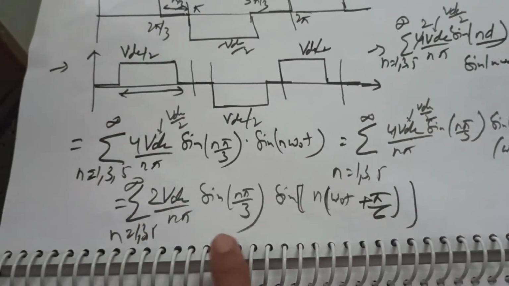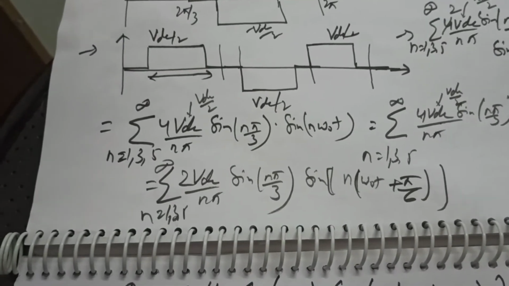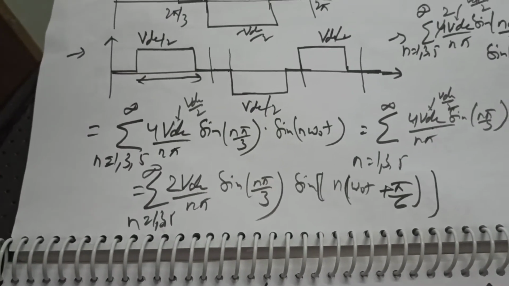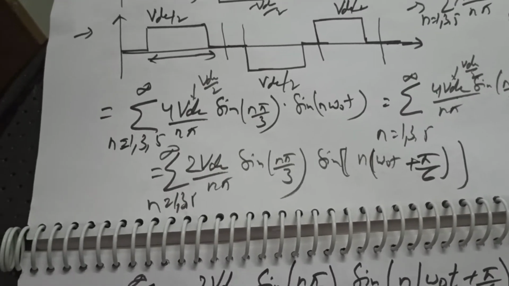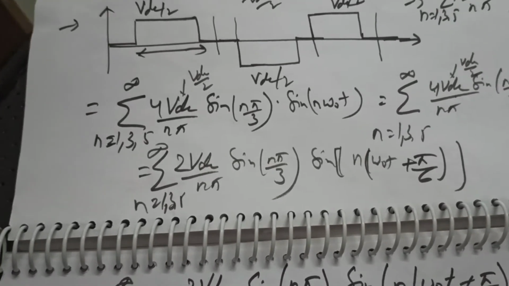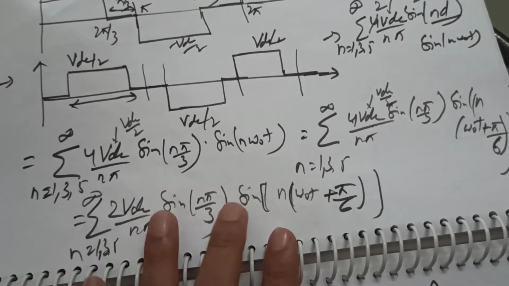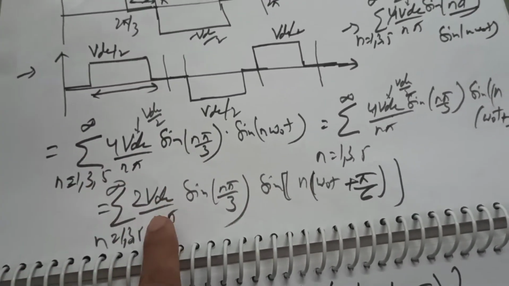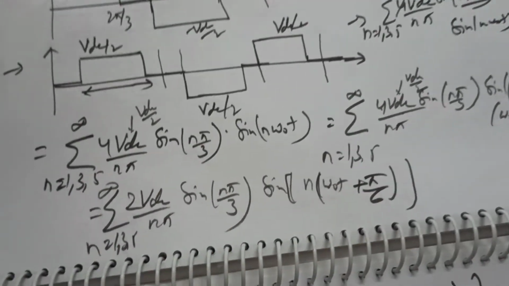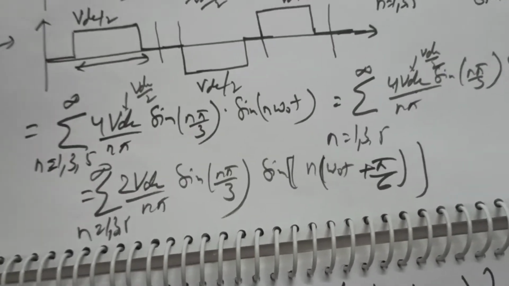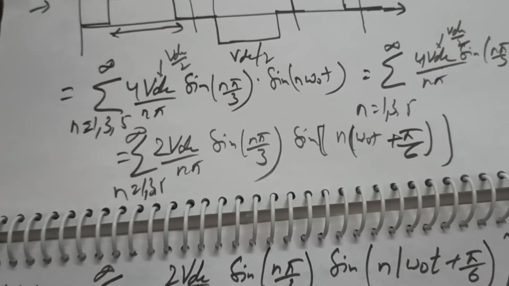If you are writing this part, be very particular about one thing: the triplen harmonics will be absent in this expression. Because when you write this expression, 2 VDC by n pi sin n pi by 3, it becomes evident from this only that the triplen harmonics will be absent. Clear or not? I think it is clear.